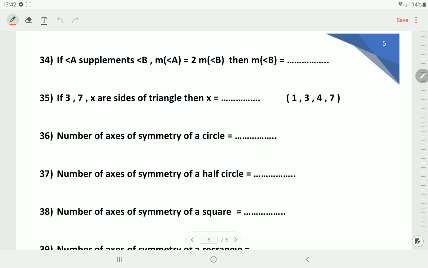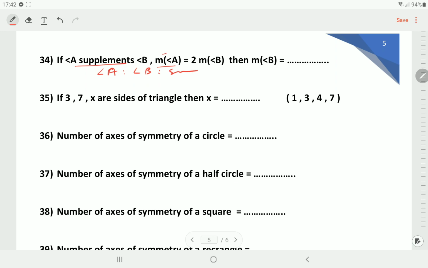Now if you have angle A supplements angle B, and in the same way the measure of A equals twice the measure of angle B, then what is the measure of angle B? We can find it the same way. We write the ratio of angle A to angle B to the summation of them.